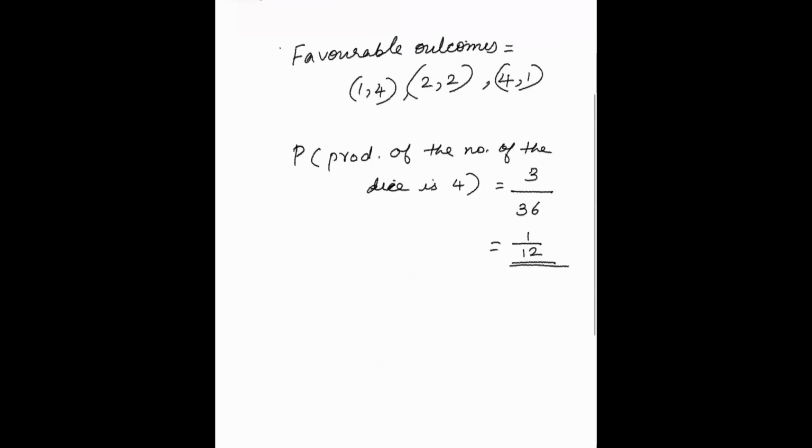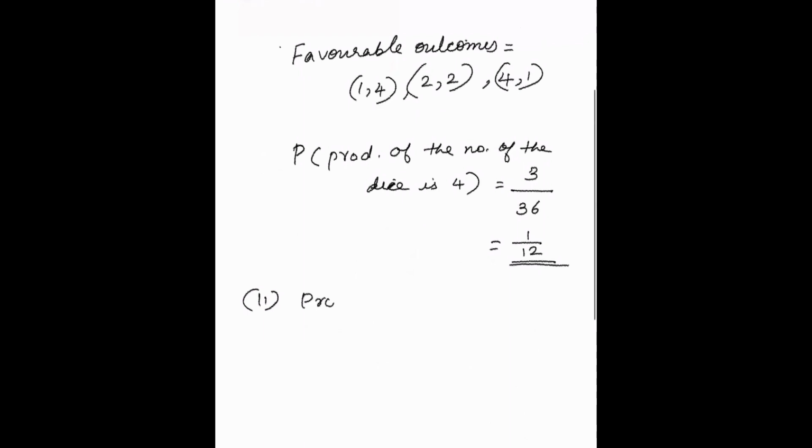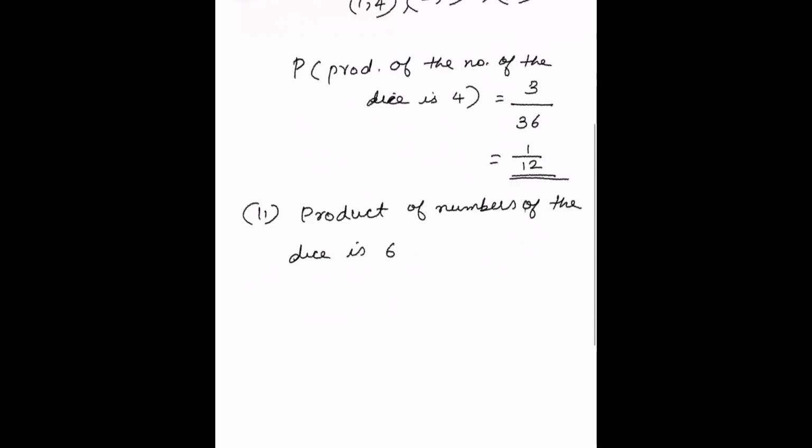Next event is product of the numbers of the dice is 6. So you need to get a 6 now. That is our second case.